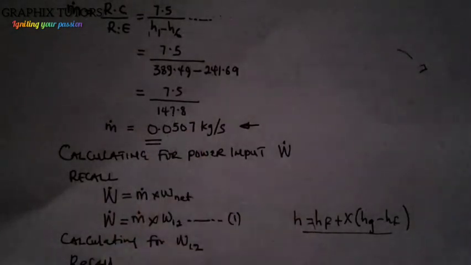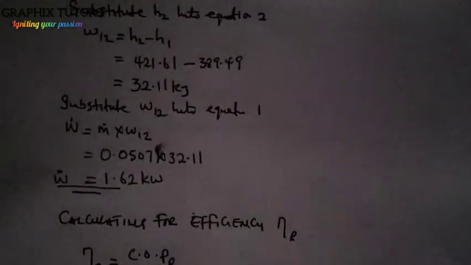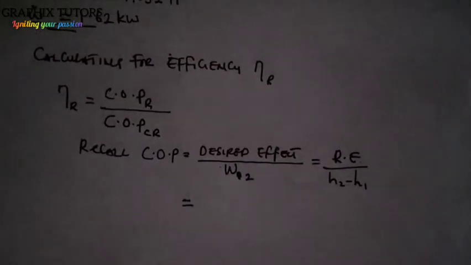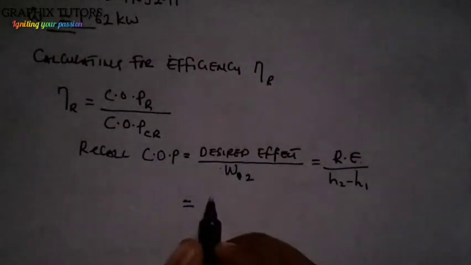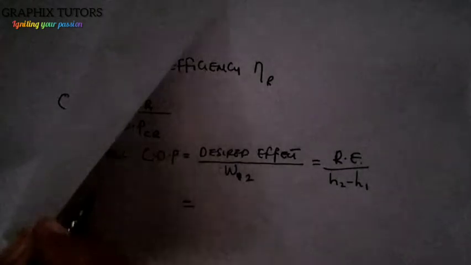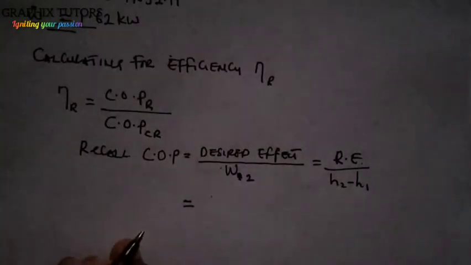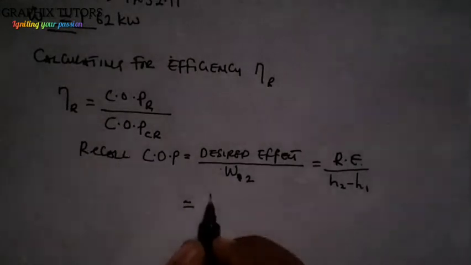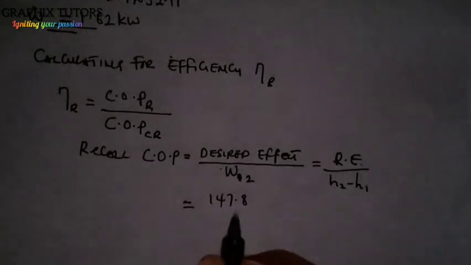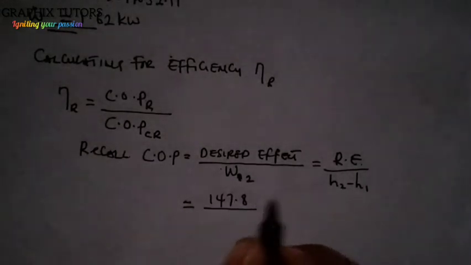And what is H1 minus H6? That is 147.8. So the refrigerating effect is 147.8, all over H2 minus H1.